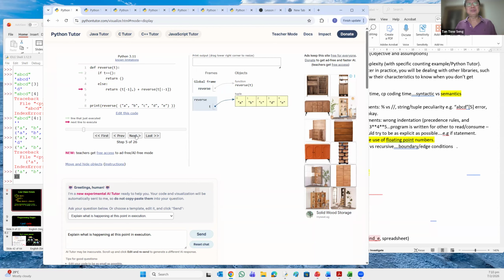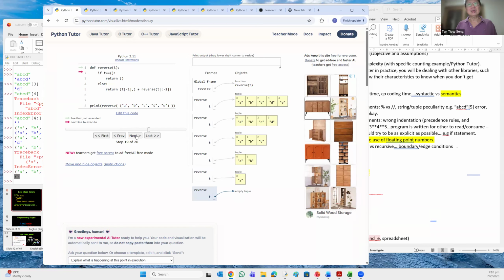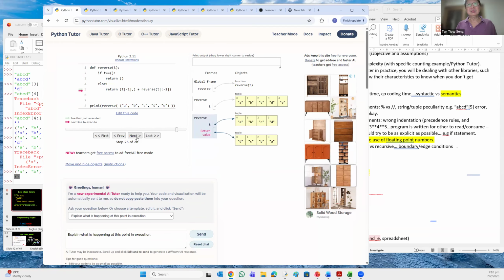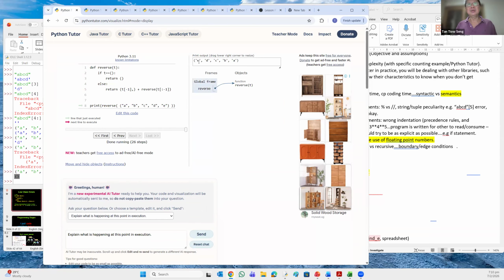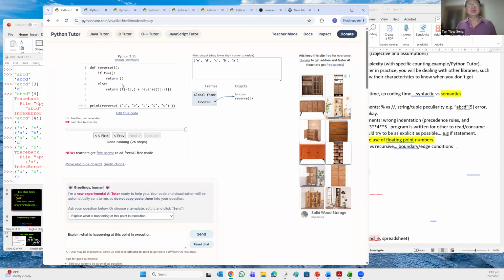So we have this tracing to see. At the end of it, the return value is an empty tuple, and then as you return back, you get EDCBA. So this is your answer. This talks about tuples and their use within recursion.